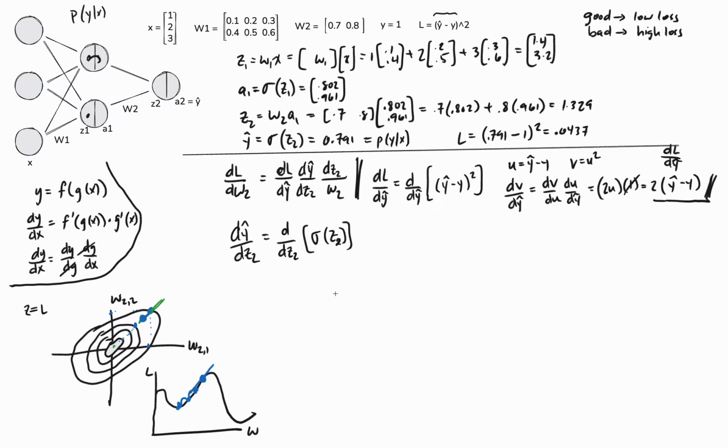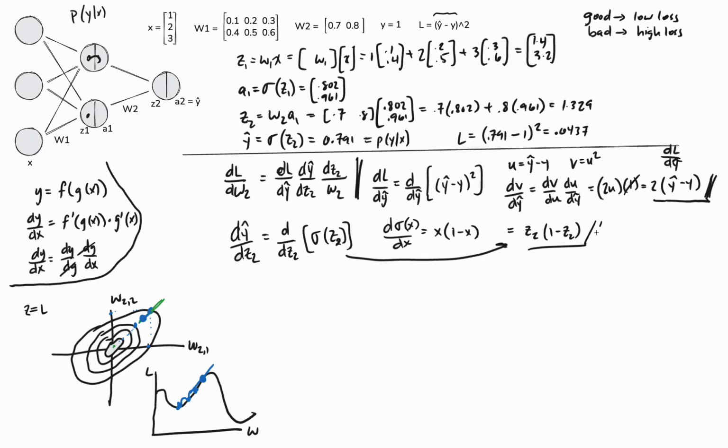Now we can just go ahead and look up what the derivative of sigmoid x with respect to x is, and it's just in general x times 1 minus x. So that means that this here is going to be equal to, in this case the input here is z2, so it's just z2 times 1 minus z2.